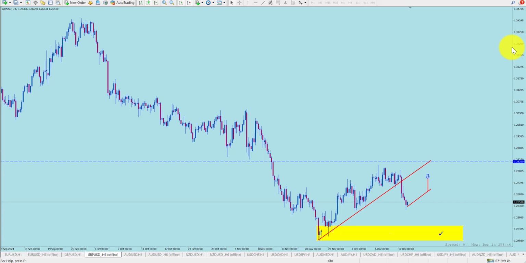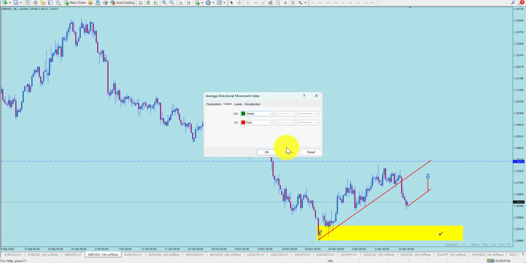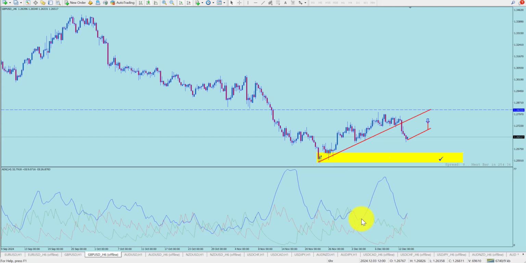Again, this is my approach. This may not be your approach. Perhaps you would prefer to use, like I said, I think the ADX is a pretty common indicator for trend. So this blue line is trend strength, and if the green is above the red, it's a bullish trend, and if the red is above the green, then it's a bearish trend.